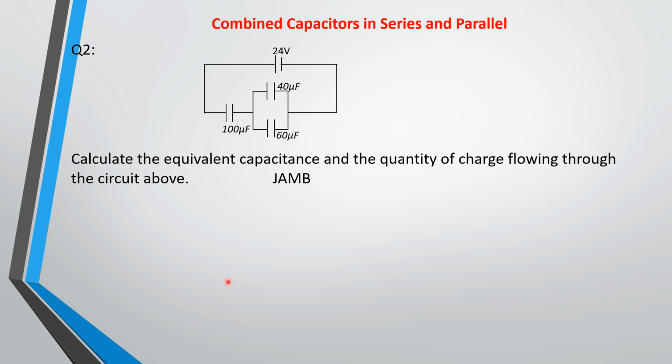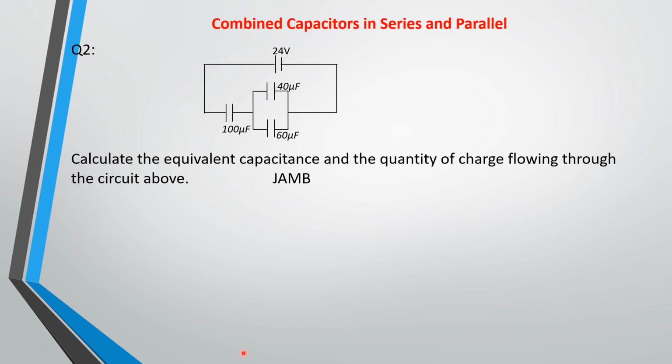So in this particular arrangement, you have the 40 microfarad and the 60 microfarad in parallel. So what you do first of all is to find the combined capacitance for these two, then join it with this to have a continuous series arrangement. Then this is the voltage across this arrangement.